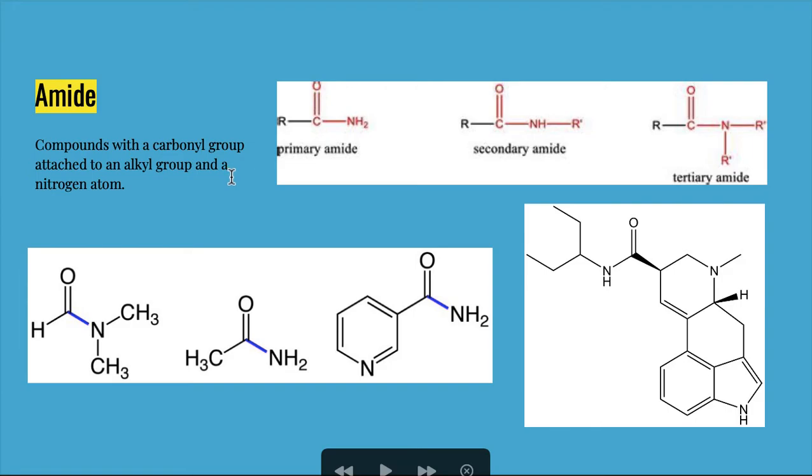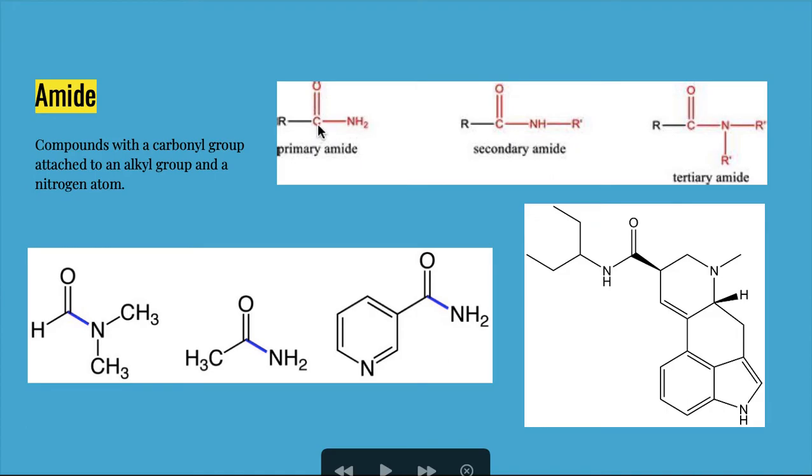So now amides. Amides have the primary, secondary, tertiary classification, and they also follow that exception we had with amines, where you look at the number of carbons that are attached directly to the nitrogen. But before I get ahead of myself, an amide is a carbonyl group that's attached to an alkyl group on one side and a nitrogen atom on the other.